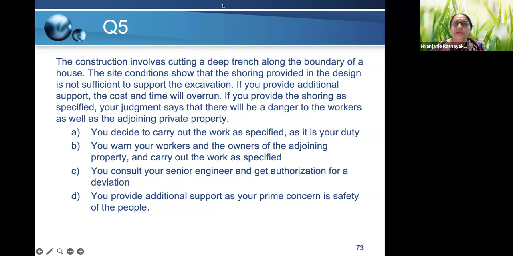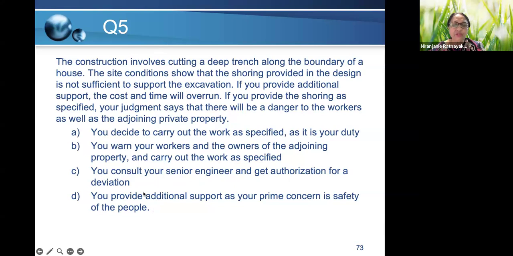Okay, so I can see that the answers are between C and D, right? More C's than D now. I also go with C, because you consult your senior engineer and get authorization for a deviation.